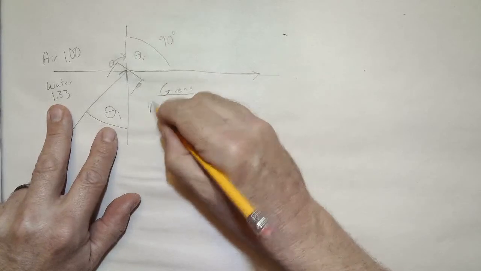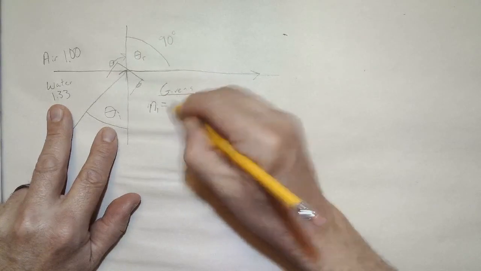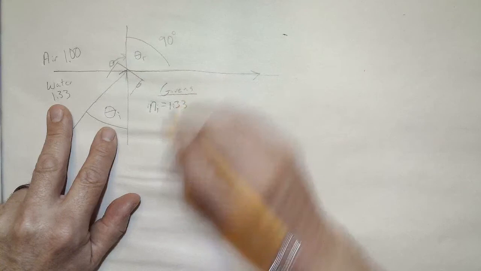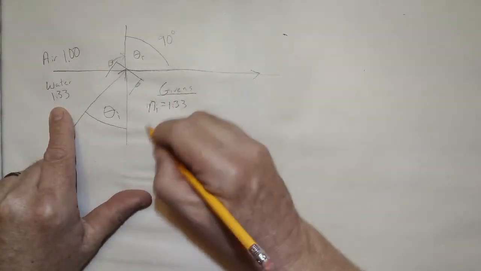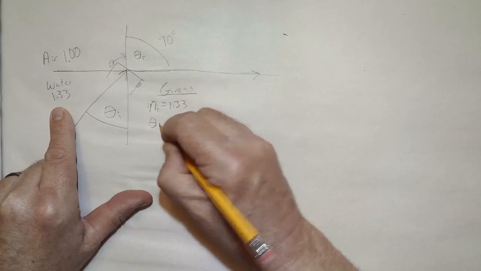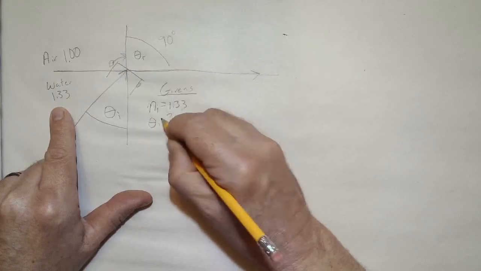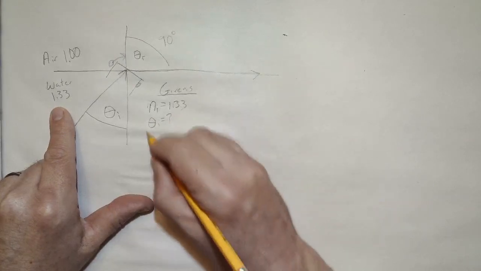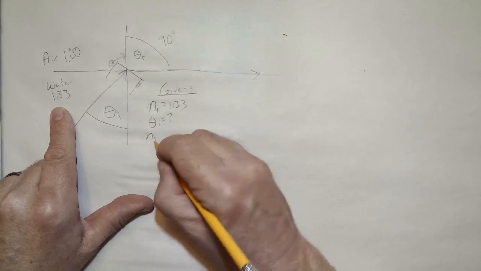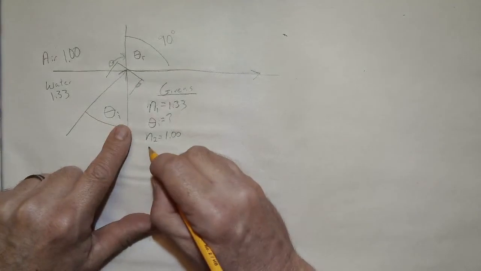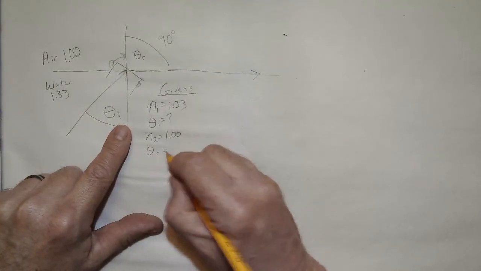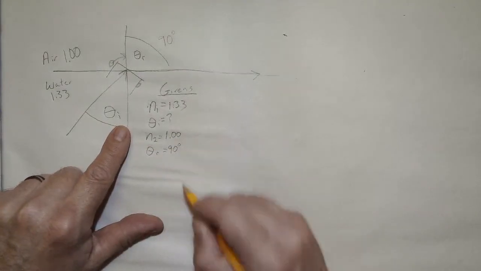N1 equals 1.33. Don't get that confused. It's the incident medium, and water is the incident medium. Theta I is what we seek. N2 now is air. That's 1.00. And theta R equals 90 degrees.